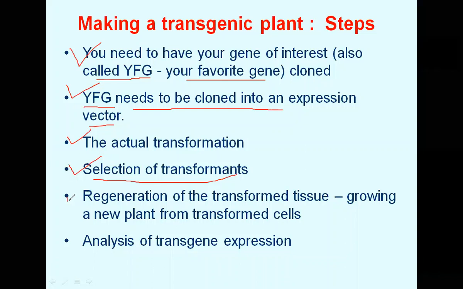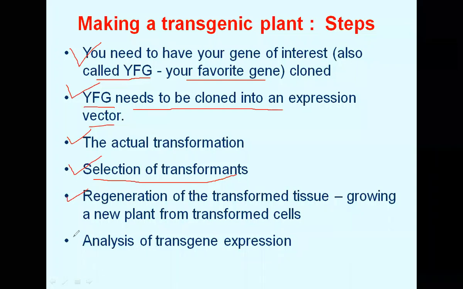And then once you have selected the transformant, you go for regeneration of the transformed cells or transformed tissue, growing a new plant from the transformed cells. So here you will use the plant tissue culture technique. Once you have a group of cells or tissues which have actually received the gene of your interest, then using the tissue culture technique, you will grow them into a complete plant.